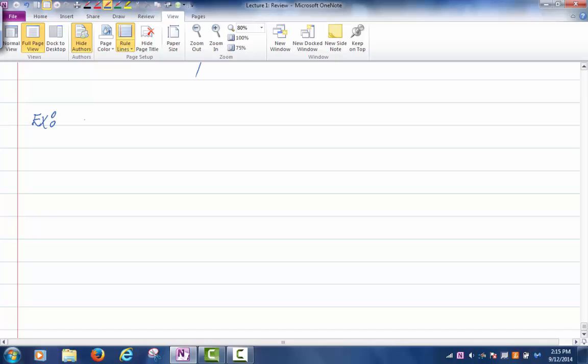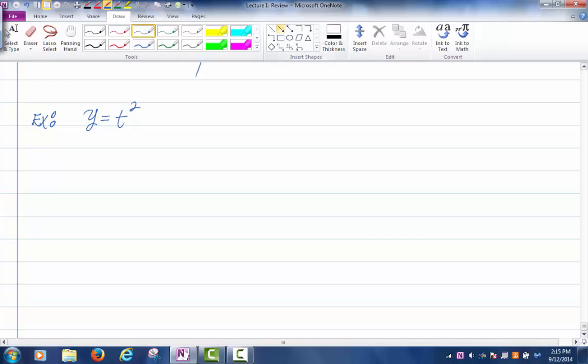Let's consider the function y equals t squared. So this is basically the parabola. Let's sketch the graph of this function.